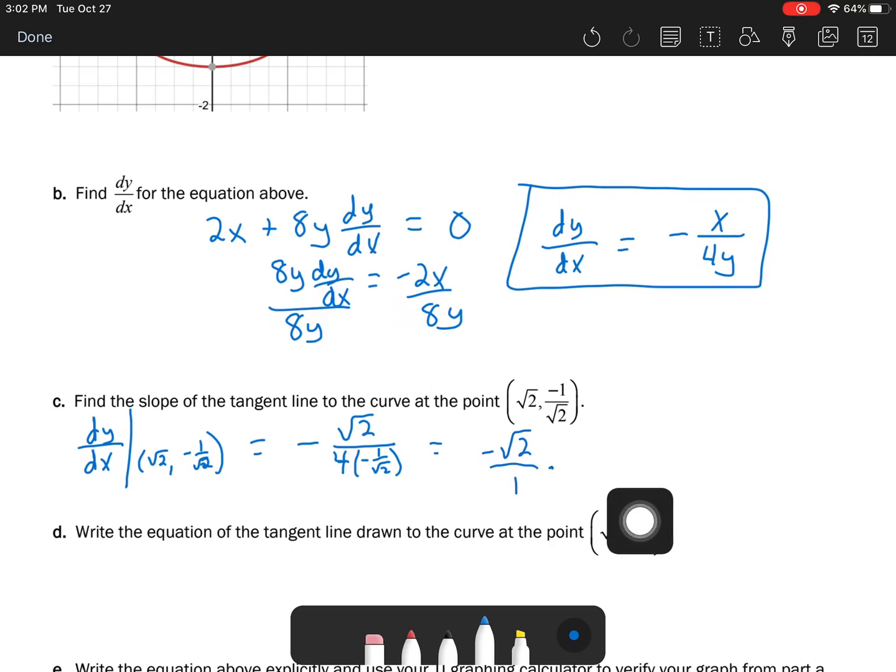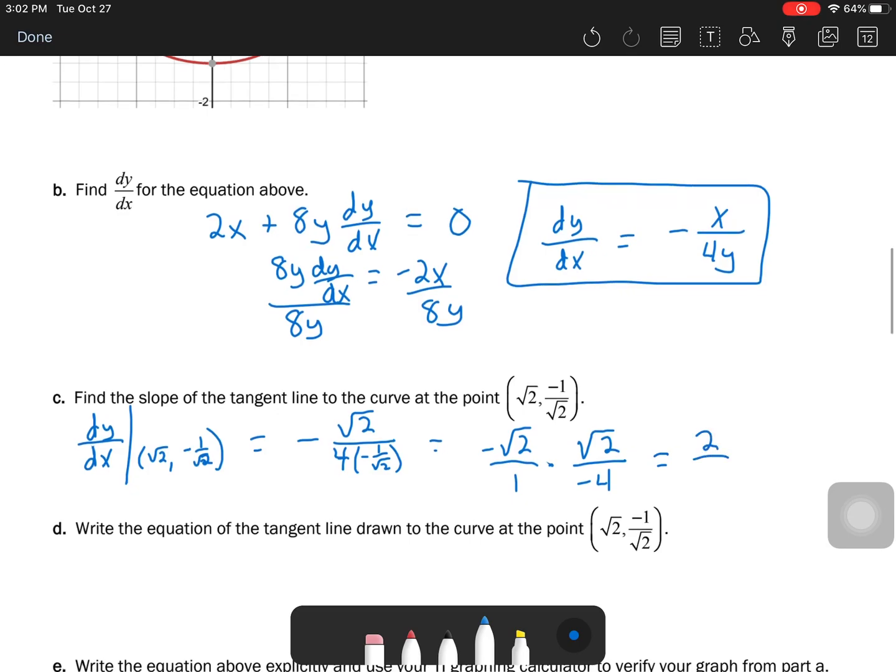So let's multiply by the reciprocal. So down here I would have negative 4 over root 2. And so I'm going to multiply by root 2 over negative 4. Hopefully that makes sense to you that I'm doing it like that. And then on top I would get positive 2, and on the bottom the negatives are going to cancel, negative times negative. So 2 over 4, which should be 1/2. So my slope should be 1/2 right there.